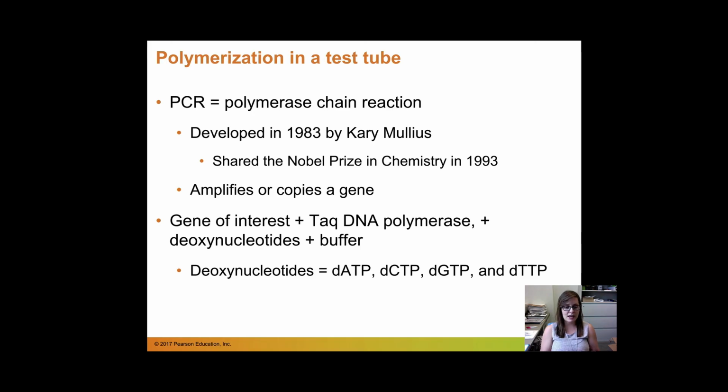And then you put in deoxyribonucleotides that are the activated nucleotides. Okay, so they're just listed here, right? So this is the activated adenine, the activated cytosine, guanine, and thymine. And then you just put in some buffer. So all you need to do is just add your nucleotides, your enzyme, your gene of interest, and bam, you can amplify a gene. And so we can do this in a test tube.